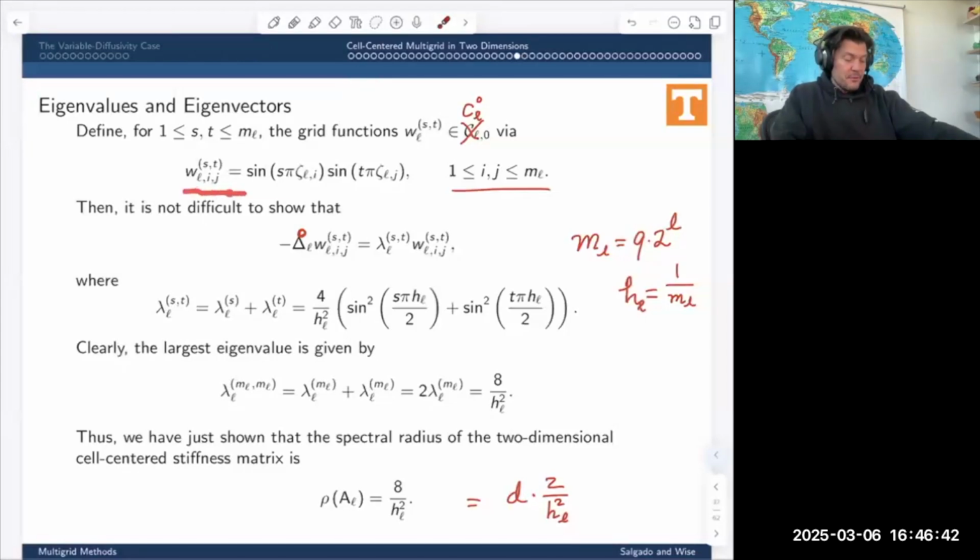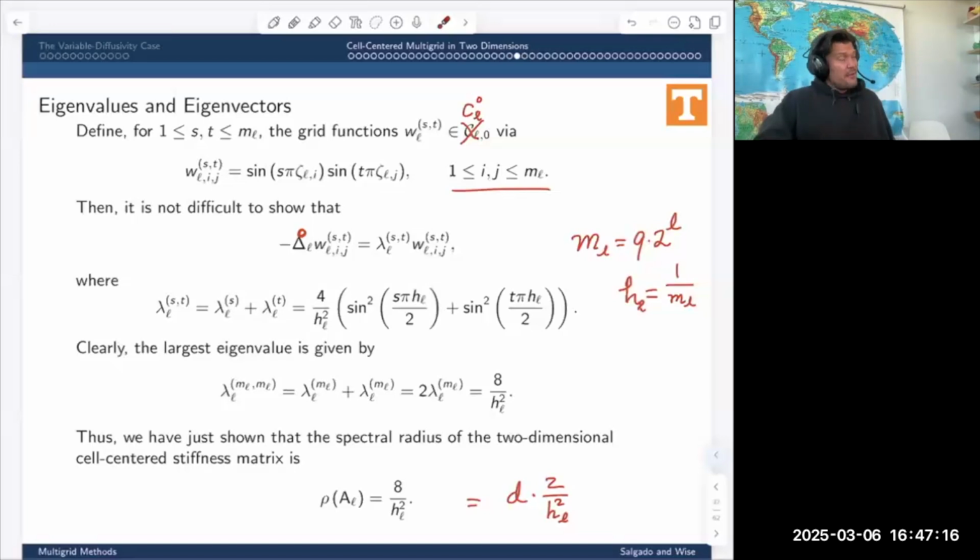So this is not a vector, but I can easily turn it using the lexicographic ordering into a vector. So I'm never going to make a distinction between a grid function and a vector. Through the lexicographic ordering, I can always change one into the other and the other into the one. That's the basic idea. So eigenvalues are tabulated. The eigenvectors are tabulated. They basically come for free by knowing what I know about the one-dimensional problem.